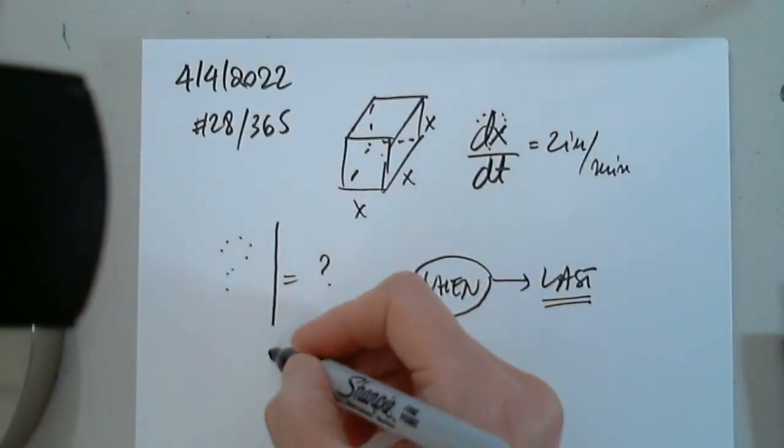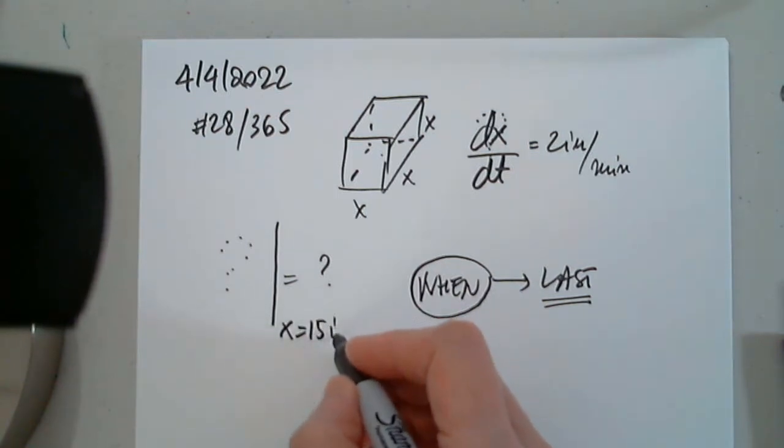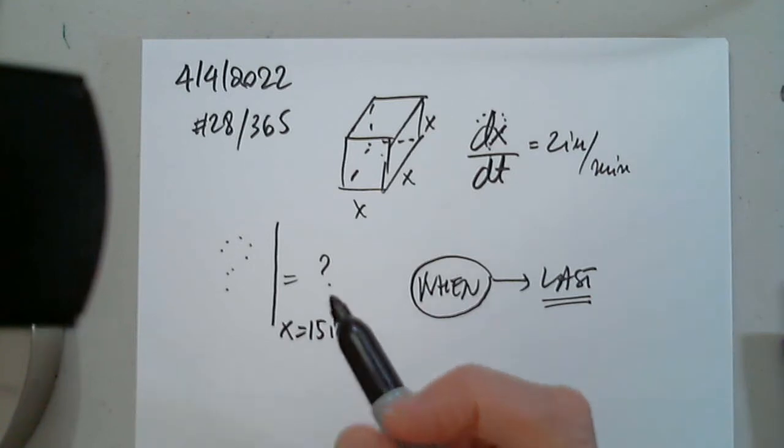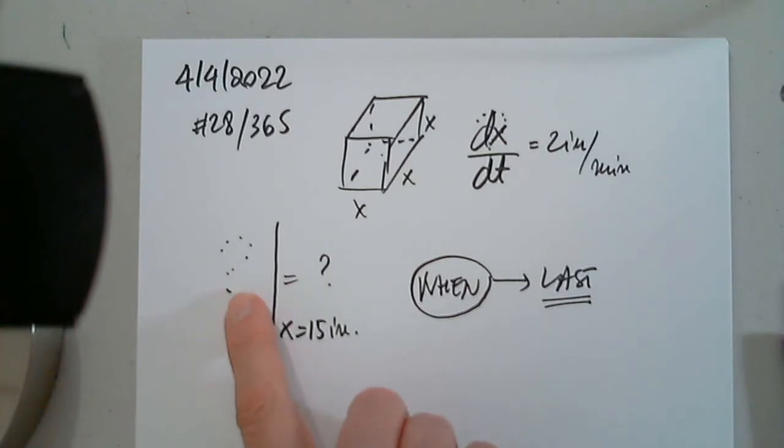When the length of an edge is 15 inches. Assume that the cube maintains its shape. So what am I asked to determine? Isn't it dv over dt? Absolutely.